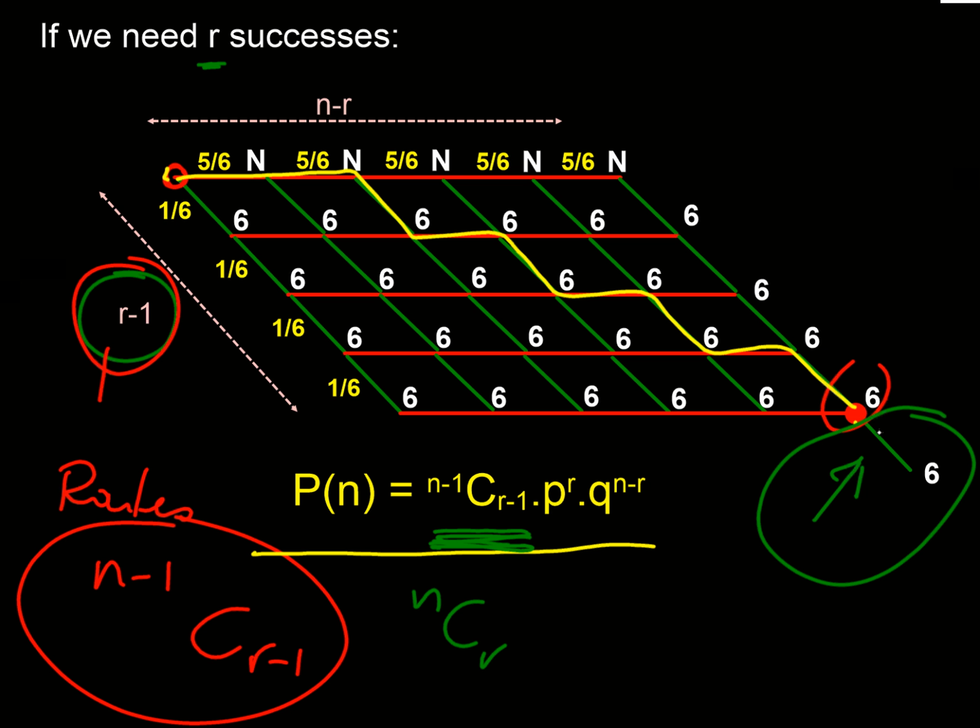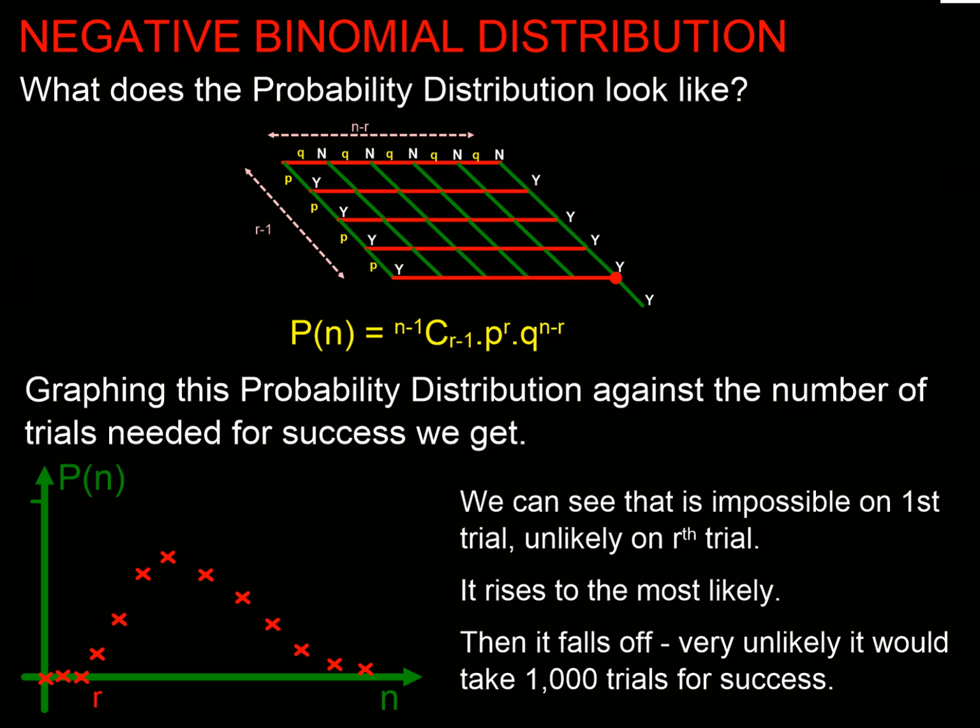So all I'm left with is the rest of it, n-1 trials and r-1 successes. And there's my p to the r, that's the probability of succeeding r times, and q to the n minus r, that's failing n minus r times. So there we have it. That's our formula for the probability of a negative binomial.